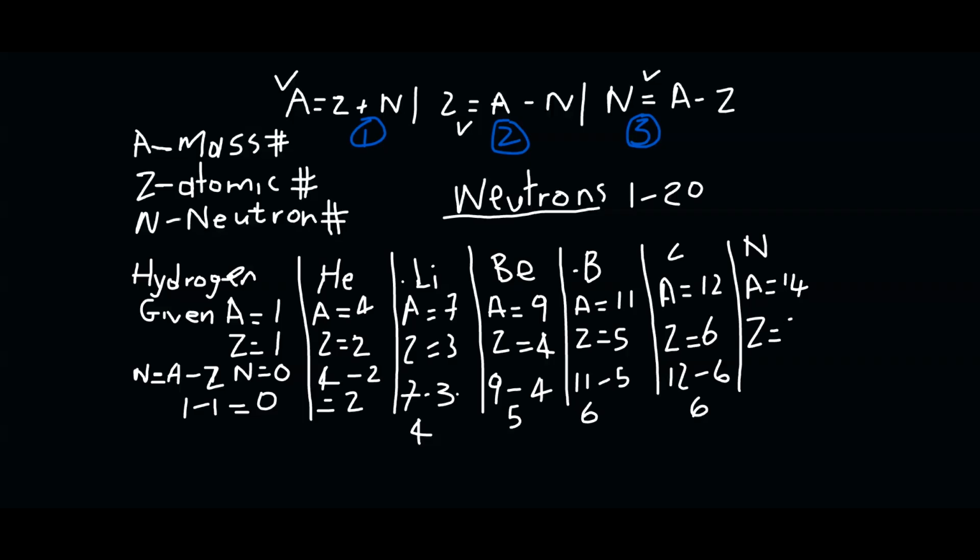Good. So that would be 14 minus 7, which would give us what? What would be the neutron? 7. Good.